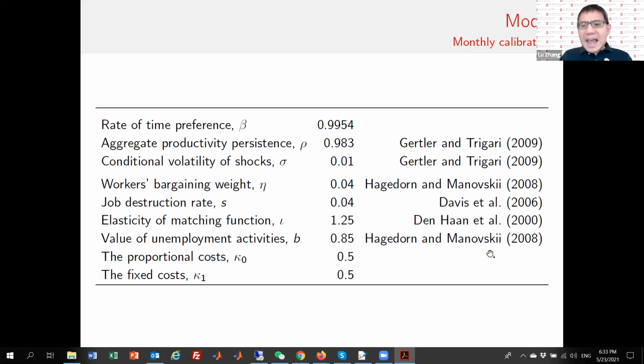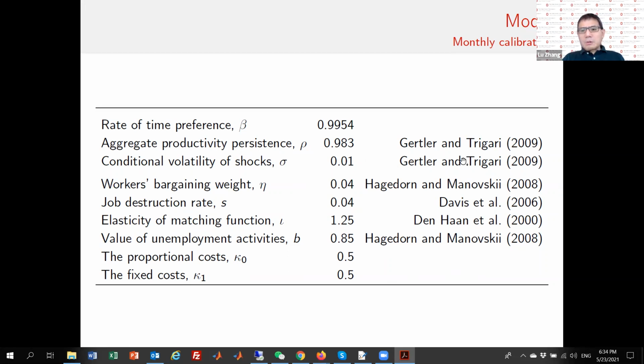Hagedorn-Manovskii end up using 0.955, and we show in our Quantitative Economics article that once you solve the model more accurately using a projection algorithm, you do not need the flow value B being 0.955. It turns out the unemployment volatility is already pretty high using the projection algorithm, so we ended up using 0.85.